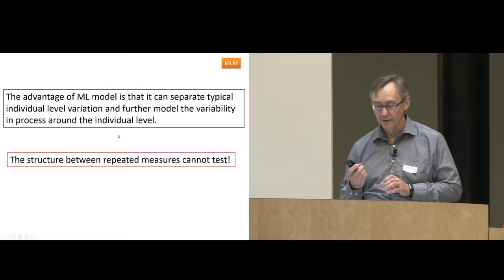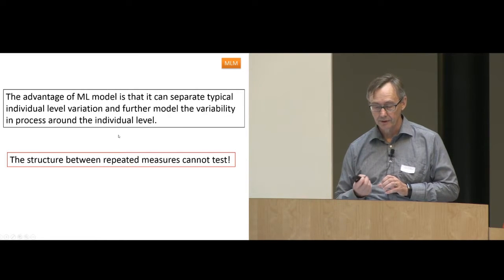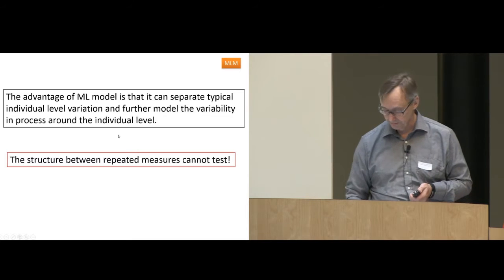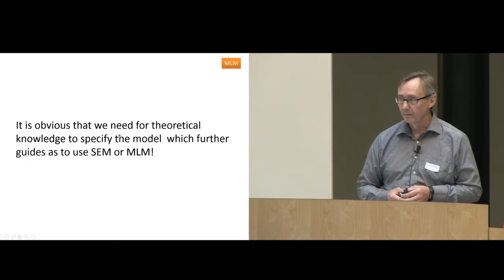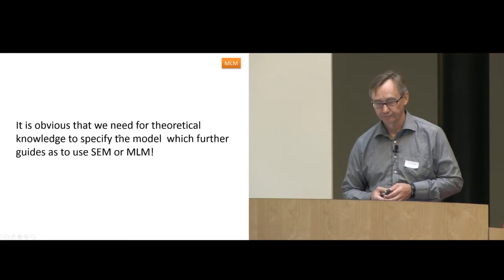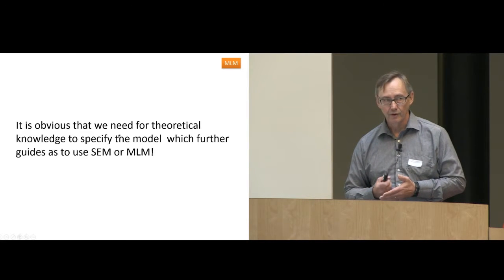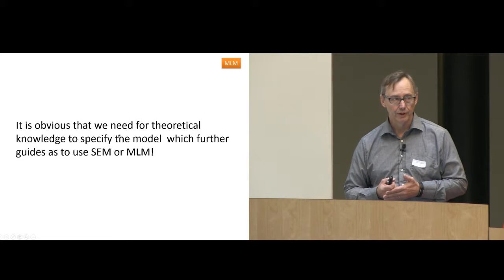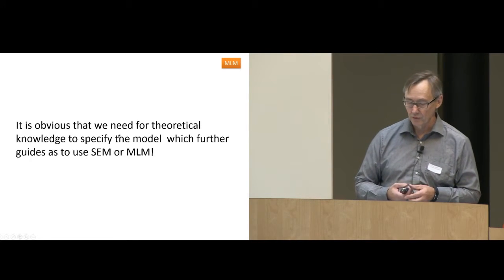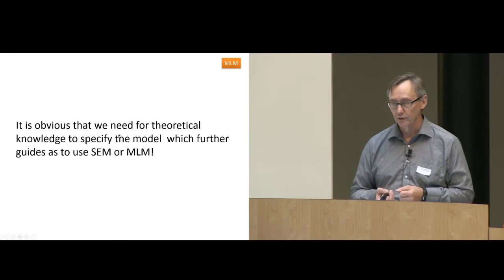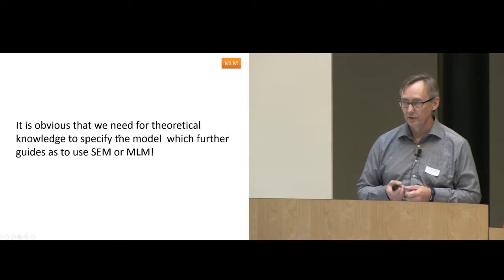You can test it using SEM, but not using MLM. But what we need is theoretical knowledge of what we are doing, a hypothetical model. Then we can go further using structural equation modeling or multi-level modeling.